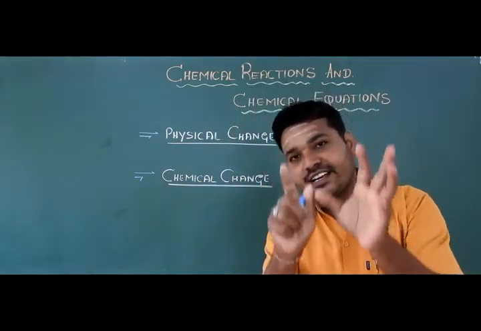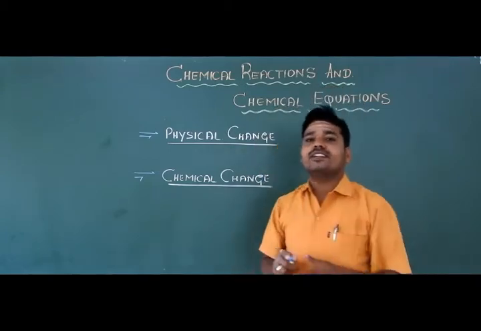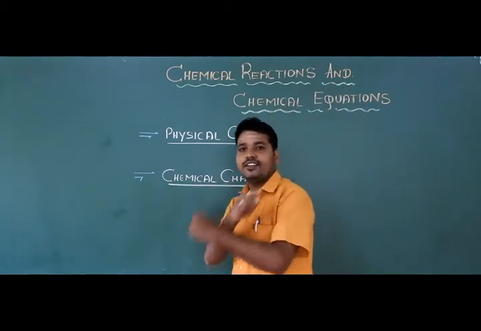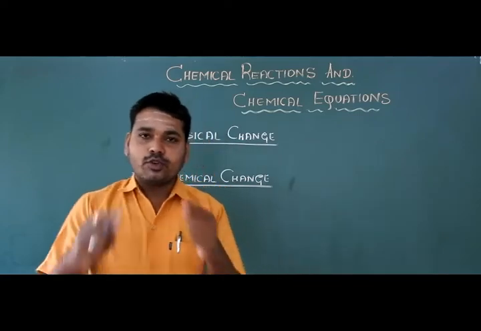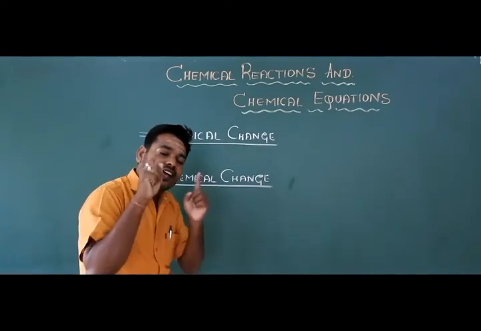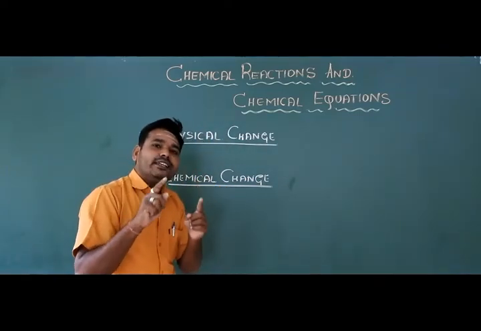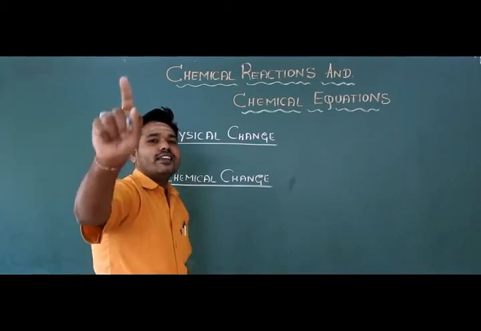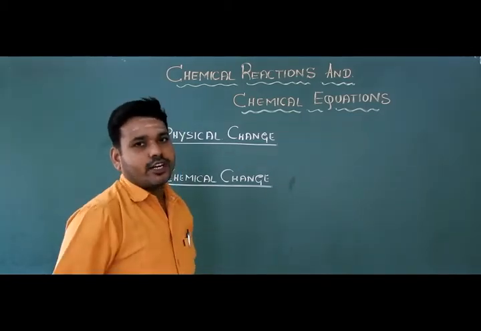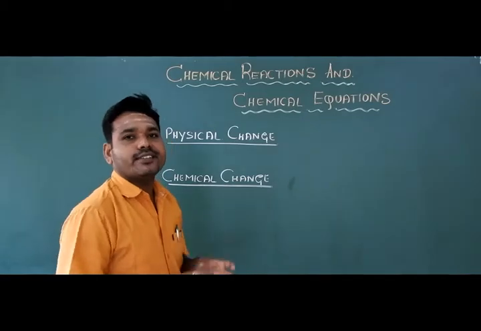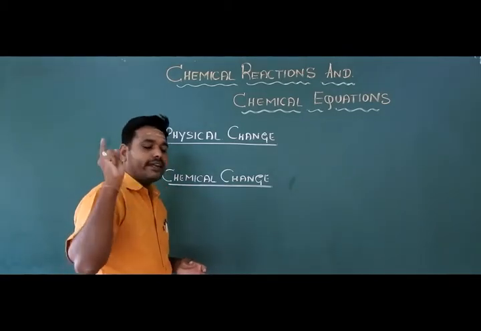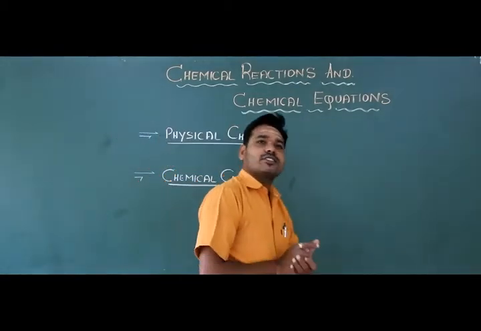After this second step, the third important step is that you cross multiply these two valencies. When you cross multiply these two valencies, finally you will get the chemical formula of the chemical substance. Students, these are the three important steps involved in writing the chemical formula of the chemical substance.